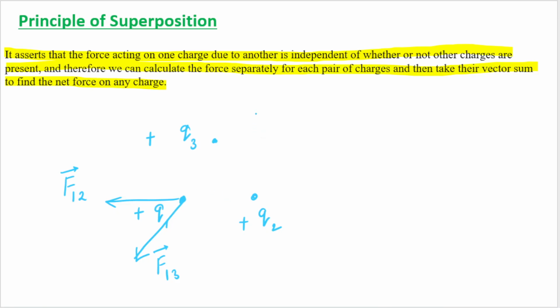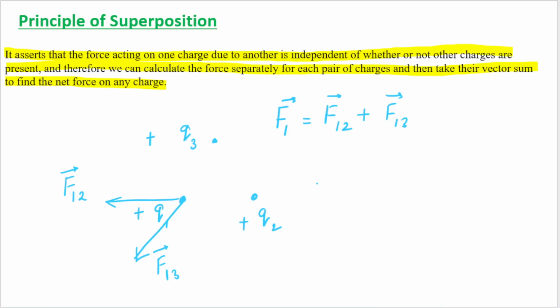Finally, the net force on Q1 is the vector sum of F12 and F13. Though we have looked at a very simple example consisting of three charges, it can be immediately generalized to a system of n charges.